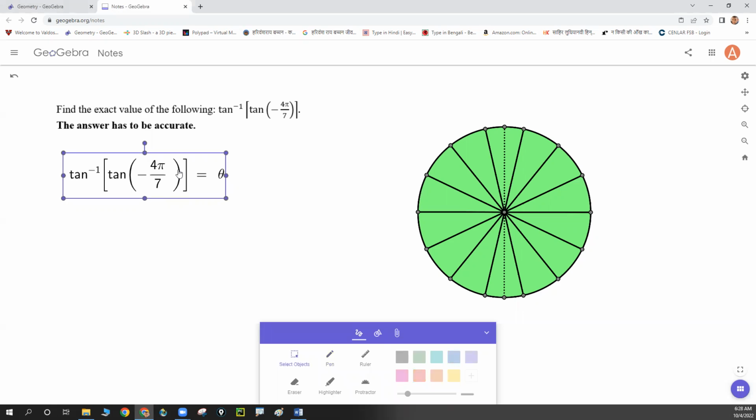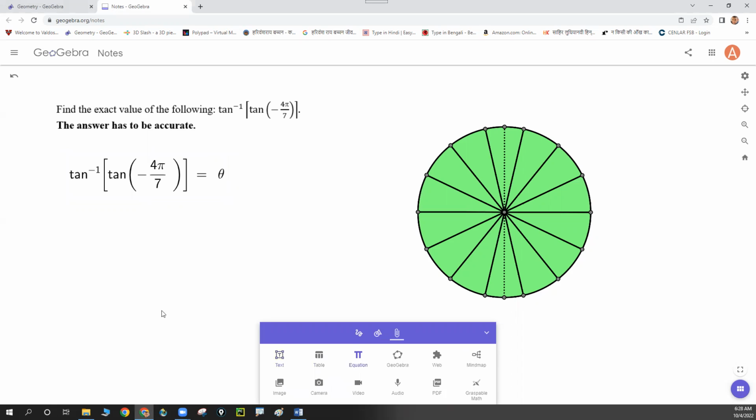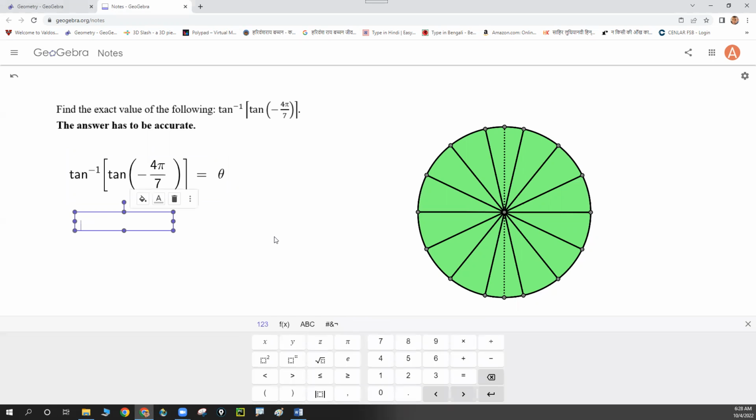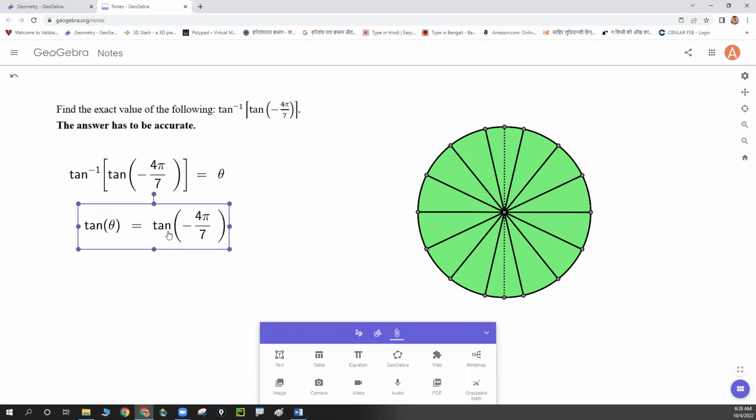Now, from the definition of inverse function, we can say this, of course, theta is in a certain area, which is the right half.